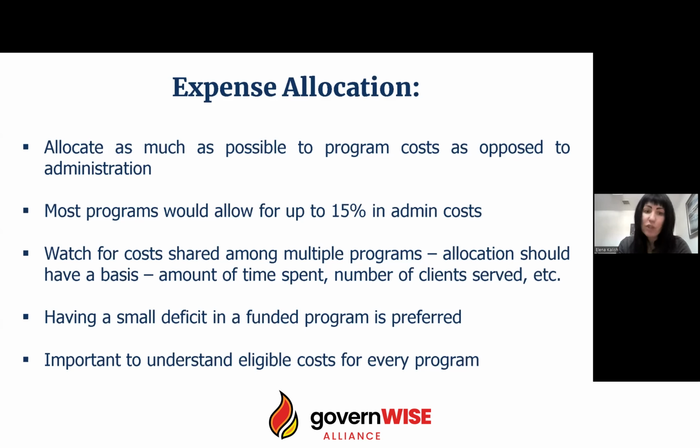It is important to understand eligible costs for every program, because sometimes they're very strict. Sometimes you have a budget from a proposal that's very strict and tells you exactly what qualifies and what doesn't, and then you have to follow that. And sometimes it's very open to interpretation, kind of vague.